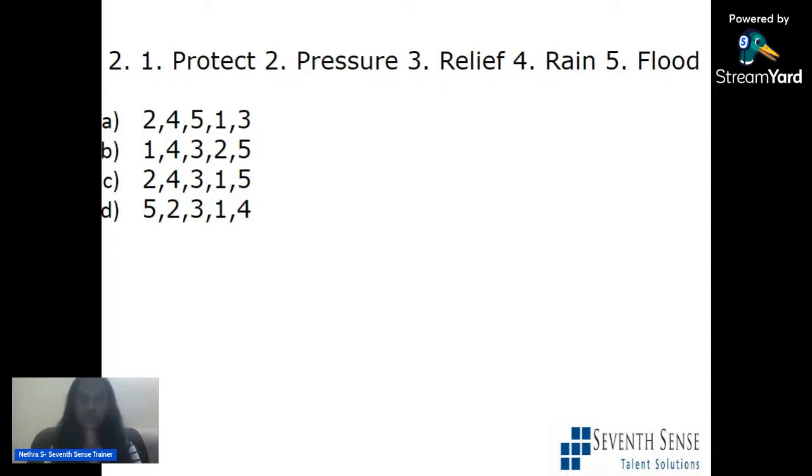That is also not suitable. The option B is 14325: protect, rain, relief, pressure, and flood. I guess it is also not possible. So the correct answer is option A, because first pressure will come, followed by rain, followed by flood, then protect, then relief.